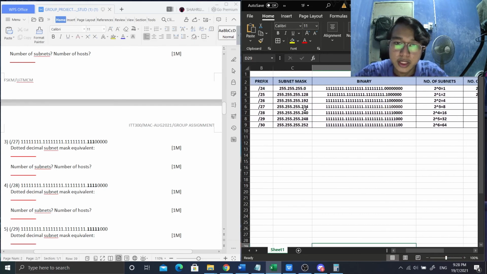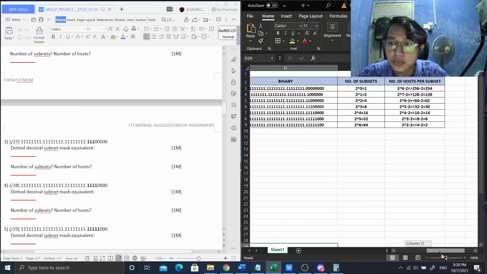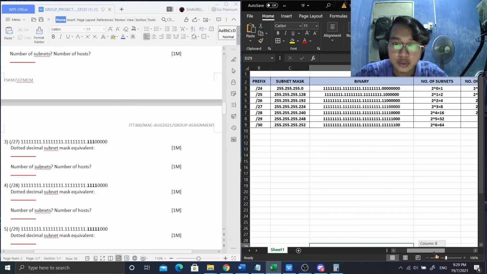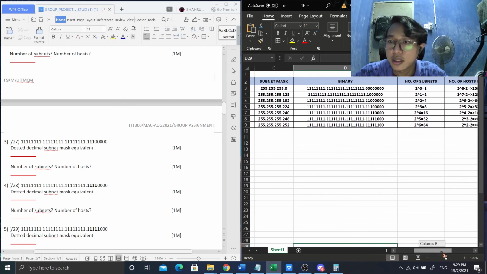So 192 plus 32. So the answer for the subnet mask is 255.255.255.224. Sorry. So that's the answer for slash 27 for the subnet mask.